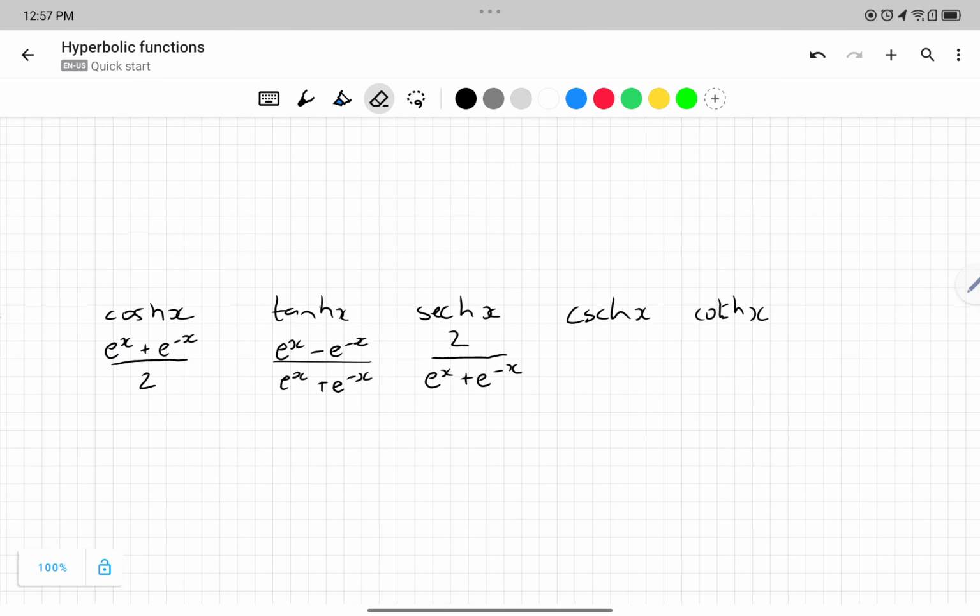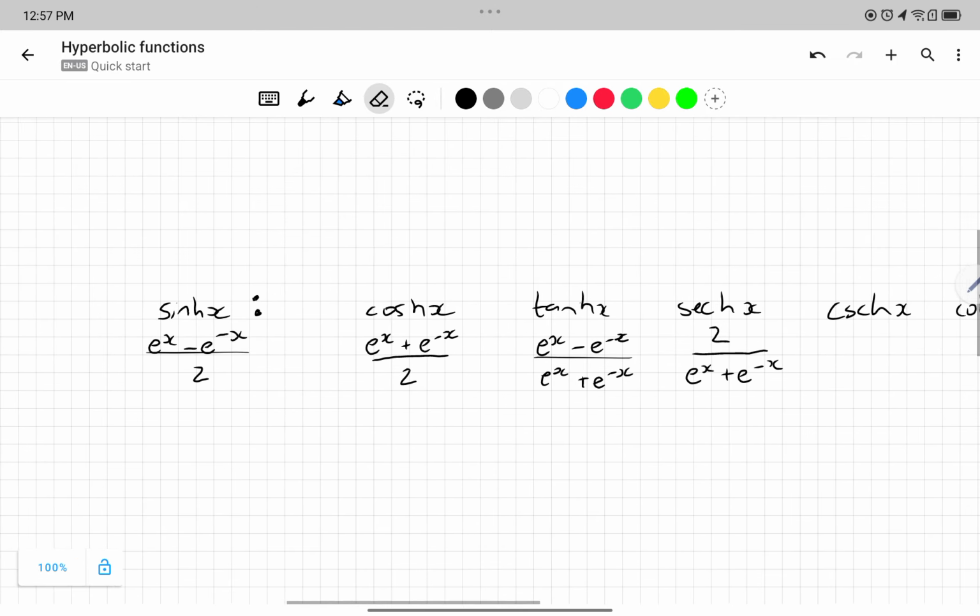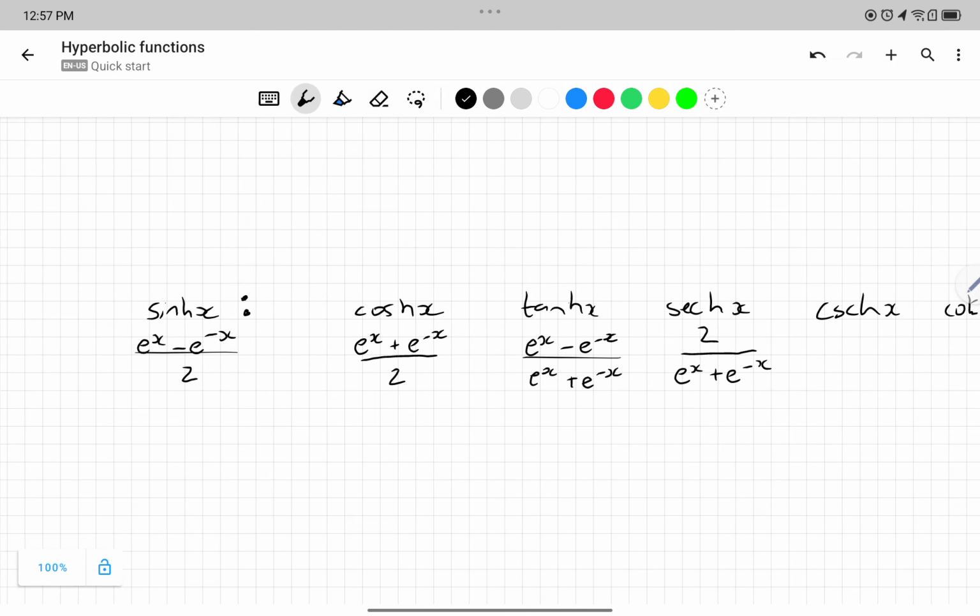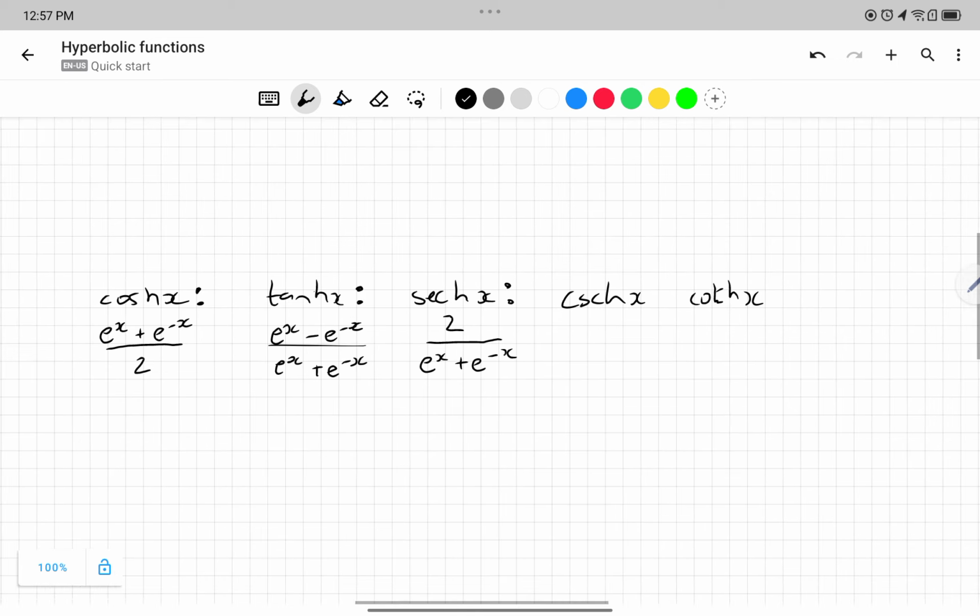They call maths the language of science. Okay. So now hyperbolic cosecant x, you know that cosecant is 1 over sine. So hyperbolic cosecant x is 1 over hyperbolic sine x.